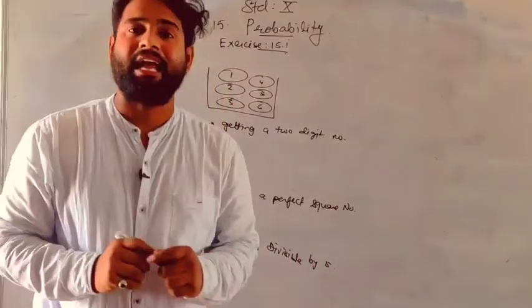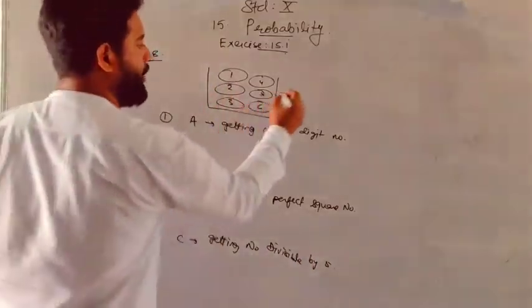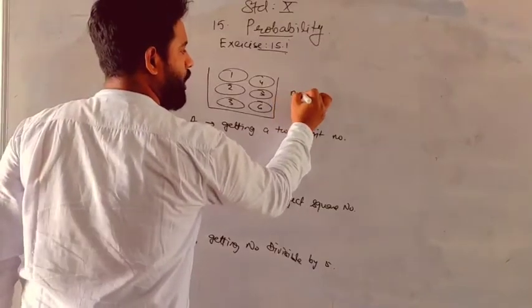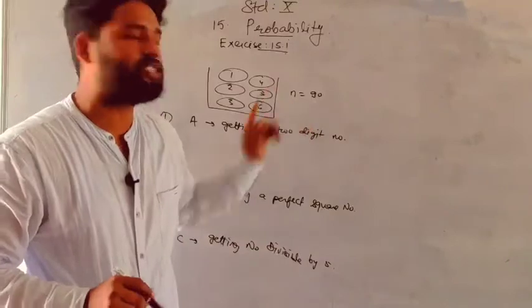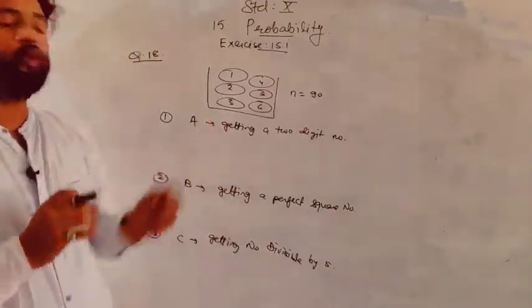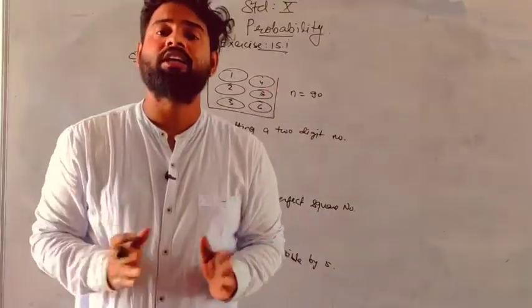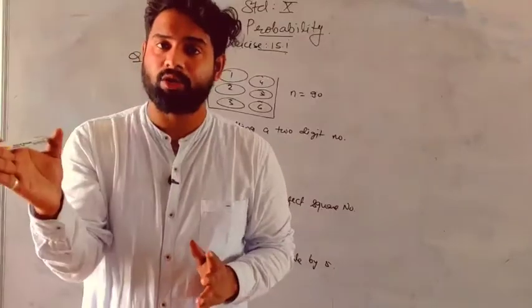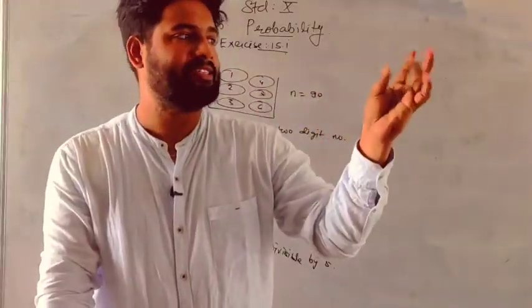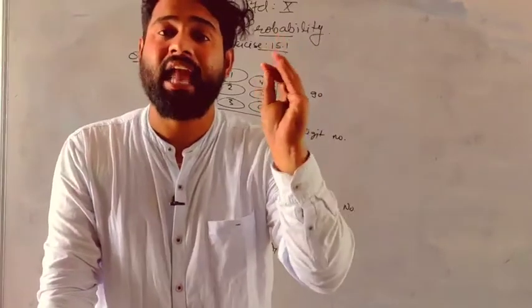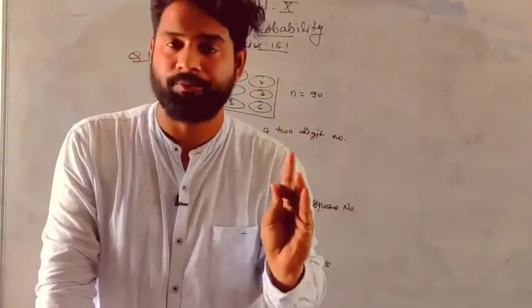Now 3 questions they have asked. First of all, how many total discs are there? 90. So n is going to be 90 irrespective of your question. For every question your n is going to be same. Getting a 2-digit number means you don't want a 1-digit number. So you have to remove numbers 1, 2, 3, 4, 5, 6, 7, 8, 9. 9 numbers you have to remove.